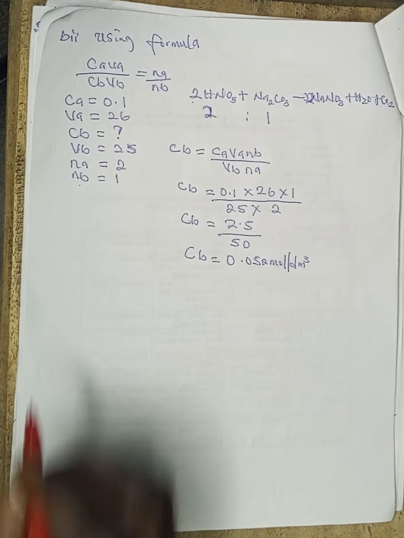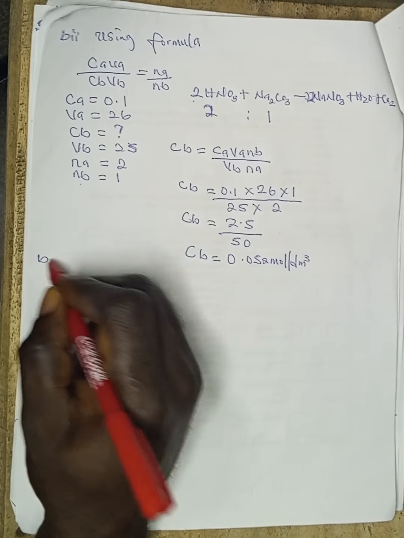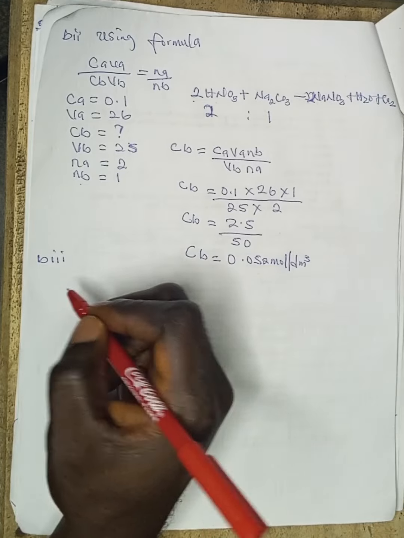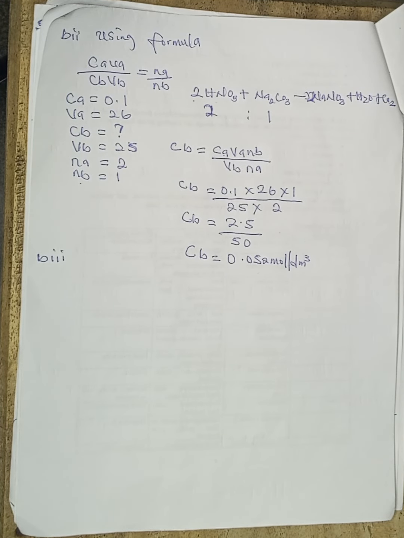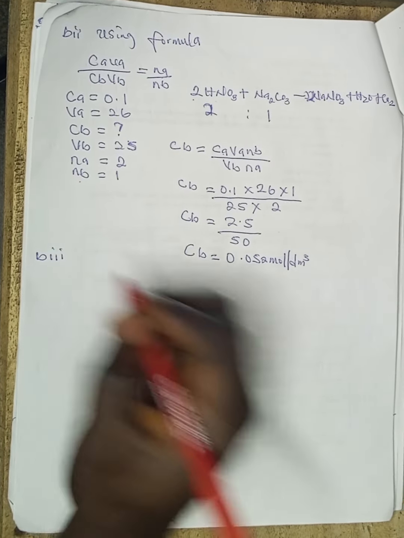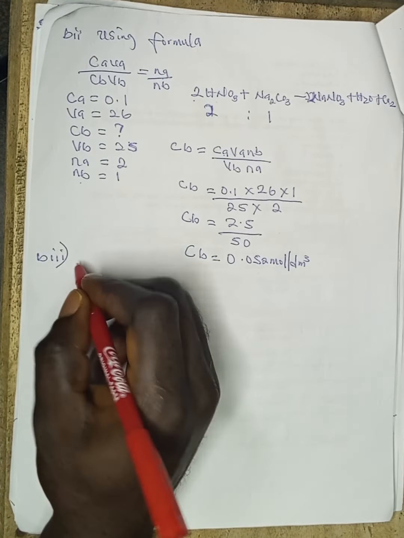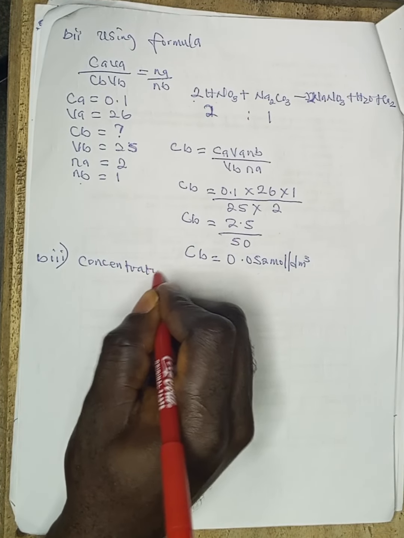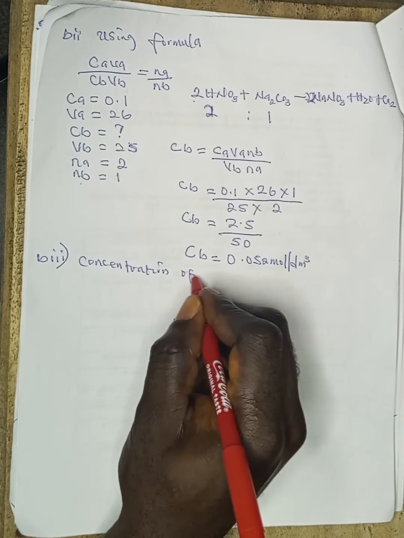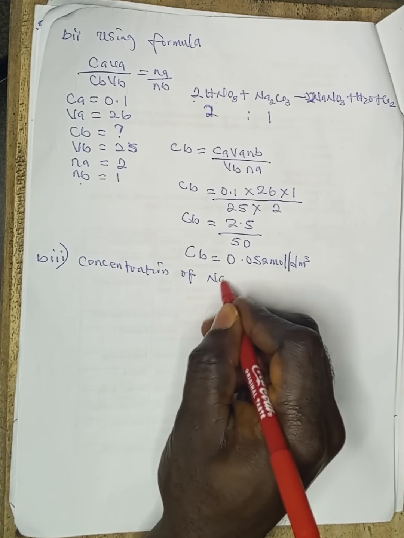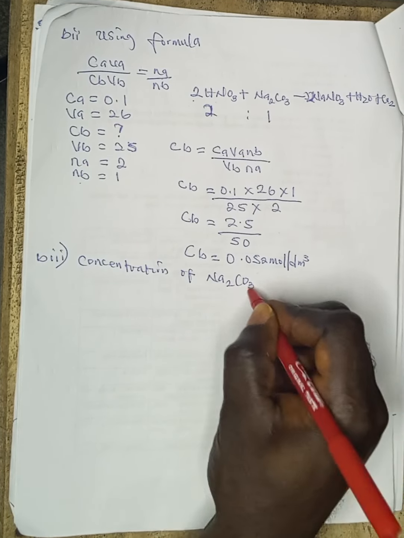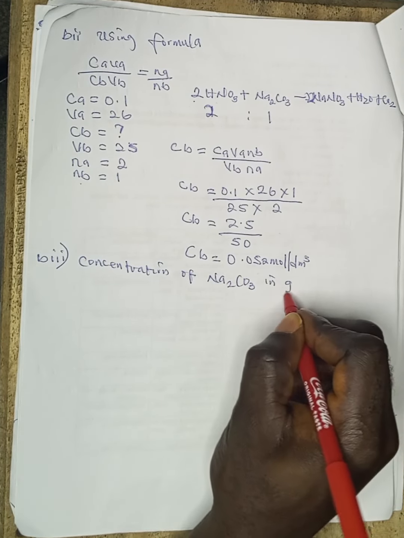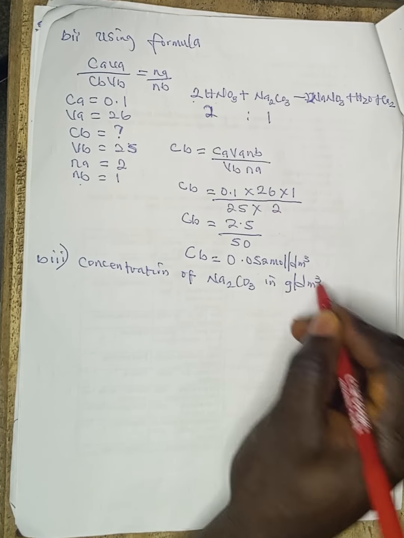The next thing, which is your BIII, you are asked to calculate concentration of B in grams per DMQ. Look at what you are given in the question. Calculate concentration of Na2CO3 in grams per DMQ.